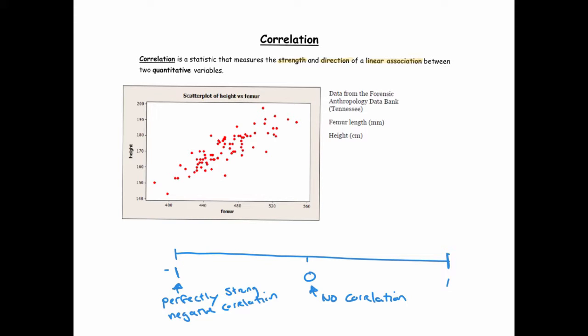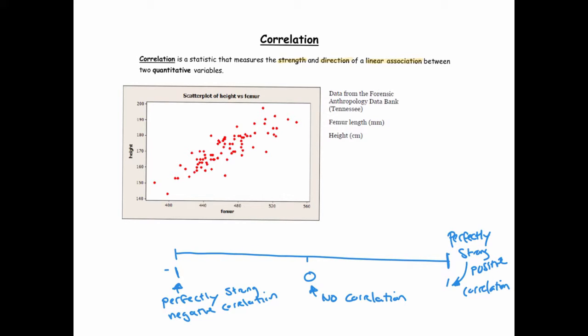And on the other hand, if you get 1, 1 would basically mean all the points line up in a line, as though you were graphing something in a pure math class. And -1 would also be in a line. A correlation coefficient of +1 means that basically the slope is positive. It's a positive association. So it is a perfectly strong positive correlation.